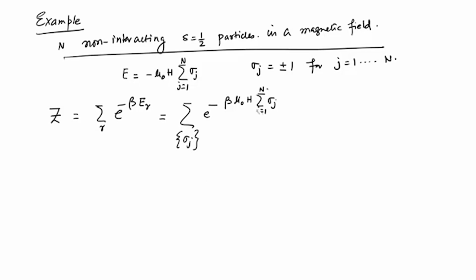It looks a little complicated to begin with. There is a plus sign, because you have a minus sign here and a minus sign here. So, this should be plus.